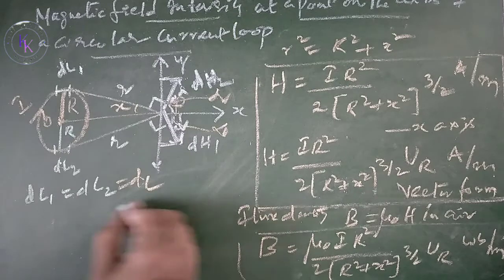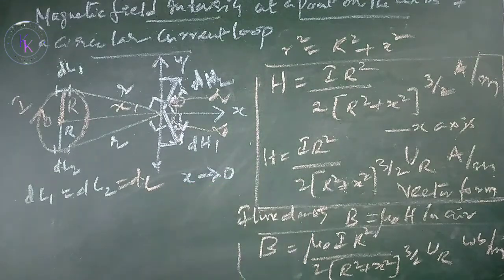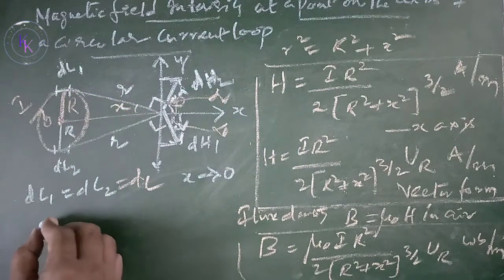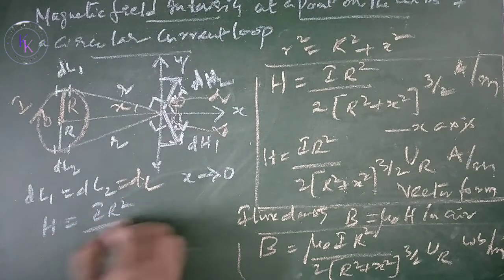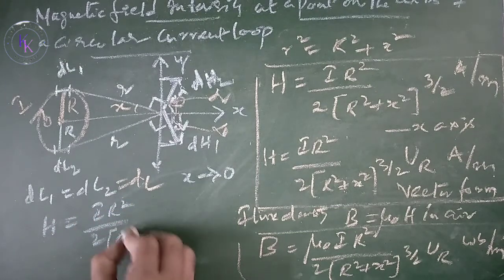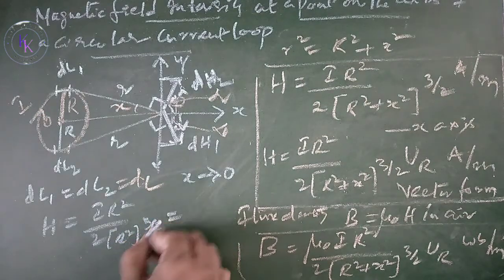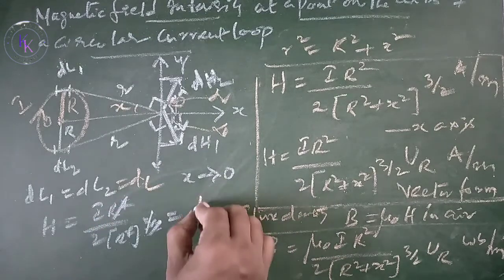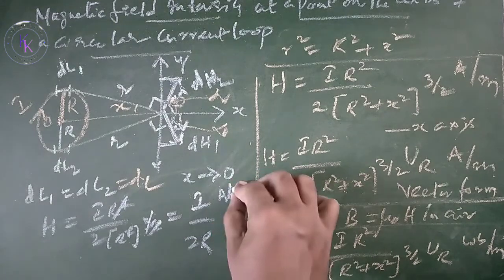In this formula, when x tends to 0, which is nothing but the point P coming to the center of the circle, then H is given by I R square divided by 2 R square whole to the power of 3 by 2, which equals I by 2R amperes per meter.